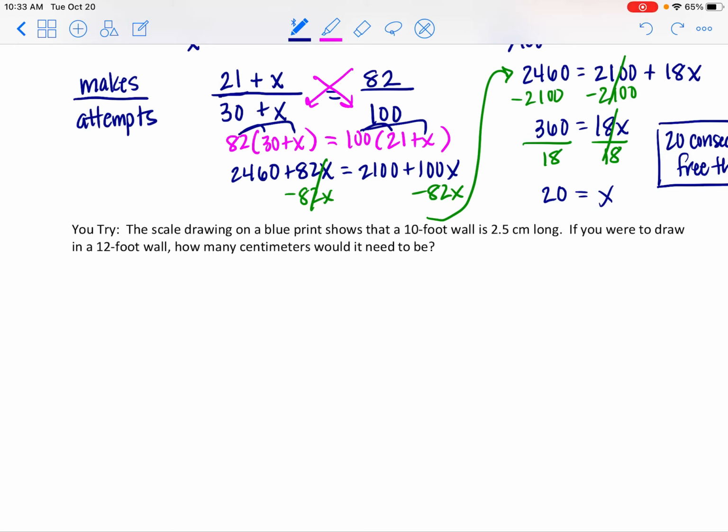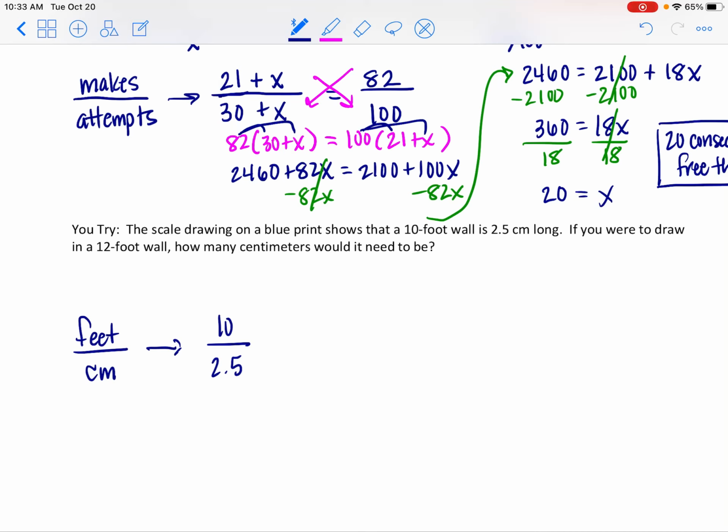So we are looking at a scale drawing on a blueprint, and it's converting a measurement in feet to a measurement in centimeters. So we're going to be looking at proportional amounts of feet and centimeters. And again, if you flip that, it doesn't matter as long as you're consistent every time. So the first thing that we know here is that a 10-foot wall is 2.5 centimeters on this drawing.